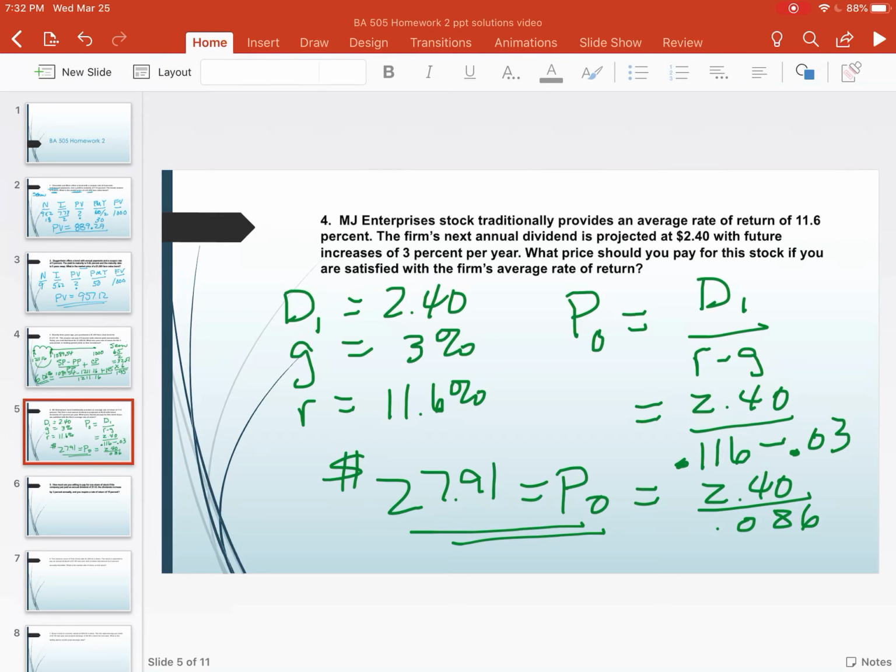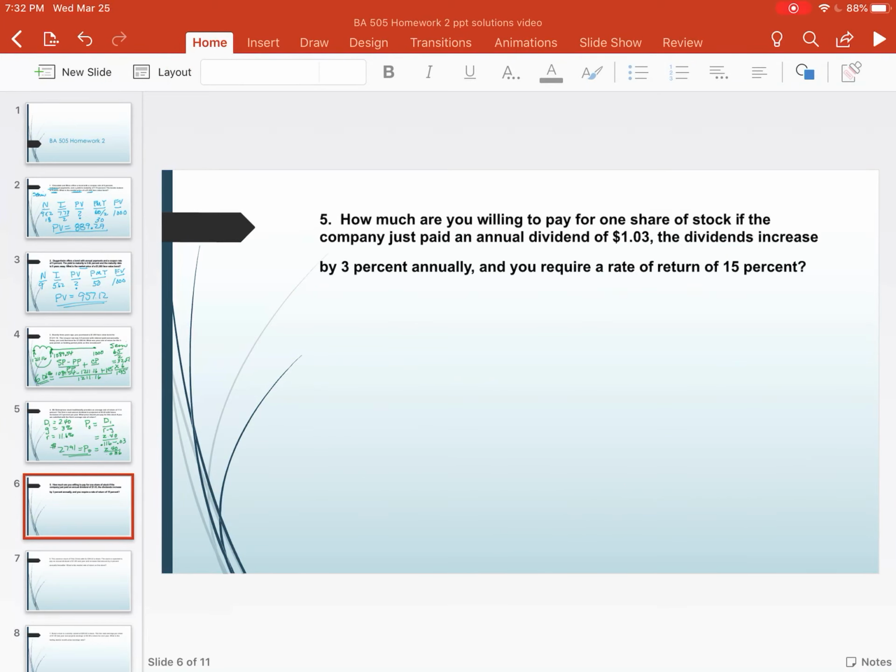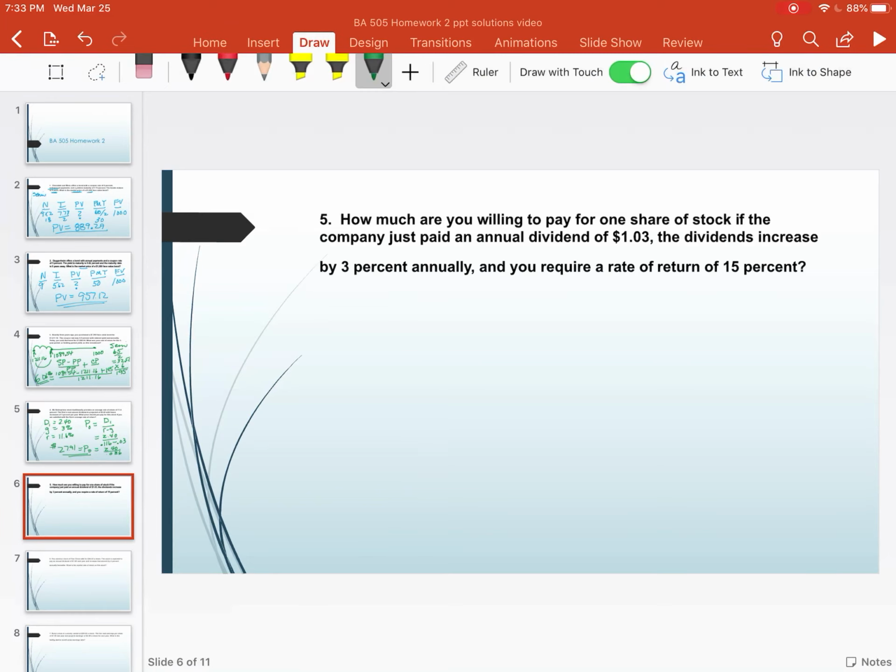Let me work through number 5, and then I'll probably take a break and post homework number 2, session 2, and we'll pick up with that next problem. But we'll work through this one first, just so you can see how it's going to play out, okay? But in this case, how much are you willing to pay for 1 share of stock if the company just paid an annual dividend of $1.03? So their last dividend, they just paid an annual dividend, okay?